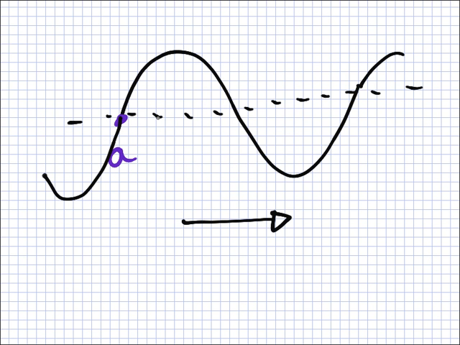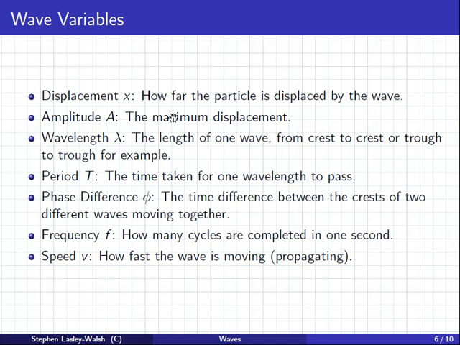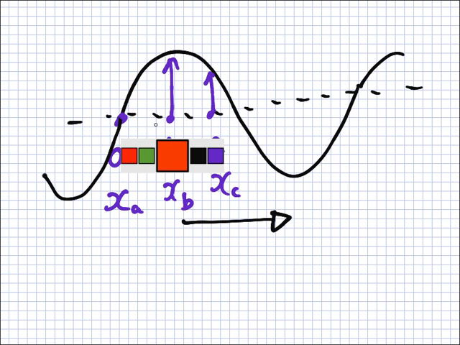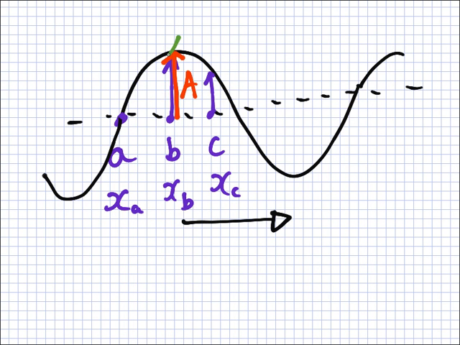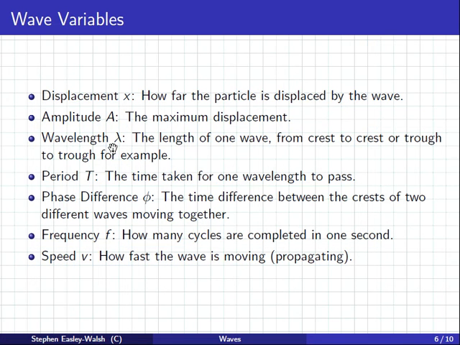And then maybe here is B, and here could be C. That's the displacement at A, XA, the displacement at B, the displacement at C. Amplitude would be roughly the displacement at B. Wavelength would be that distance.